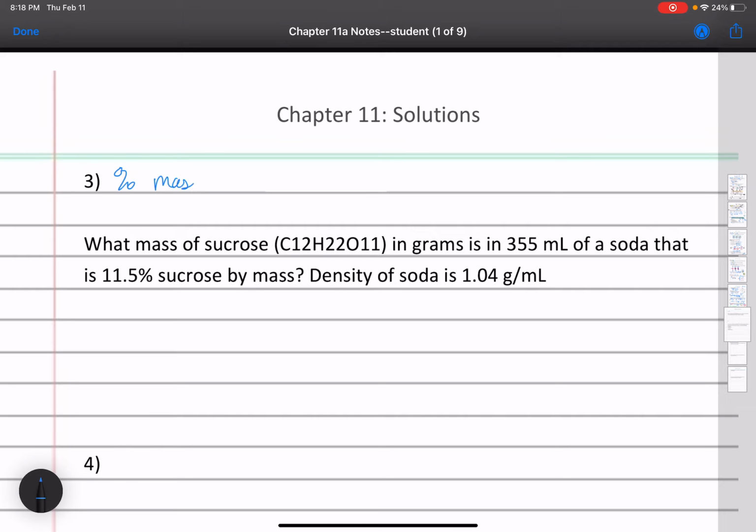But percent mass of a solution is equal to the mass of the solute divided by the mass of the solution, and then to make it a percent, multiply it by 100%. So the unit here is just percentage. The mass units don't matter as long as they are the same.